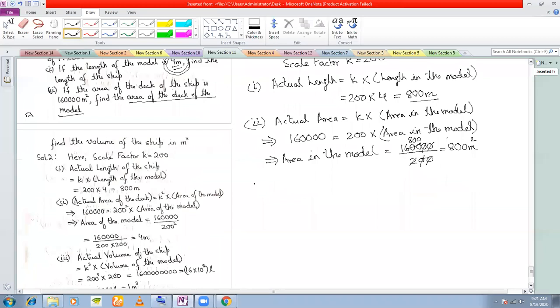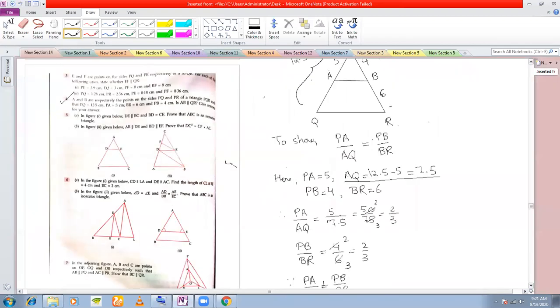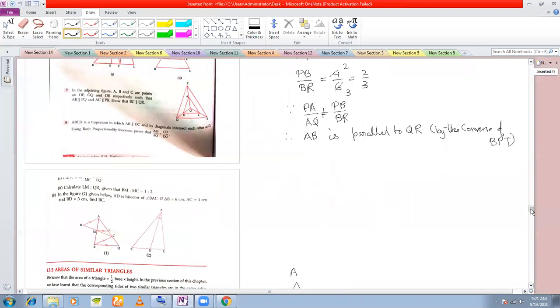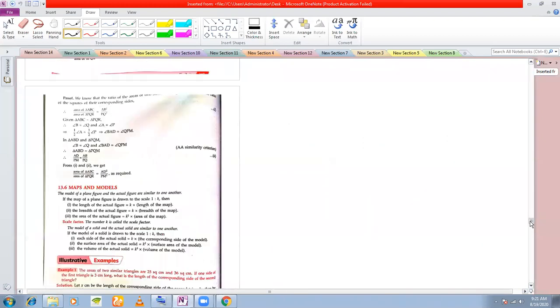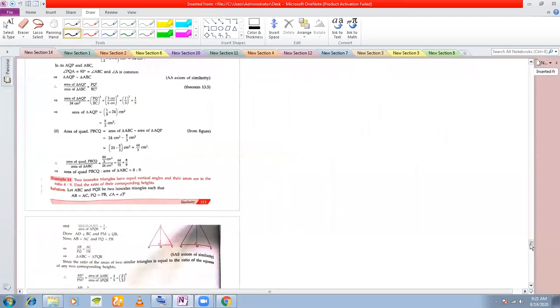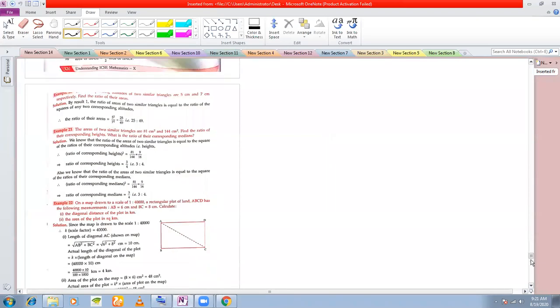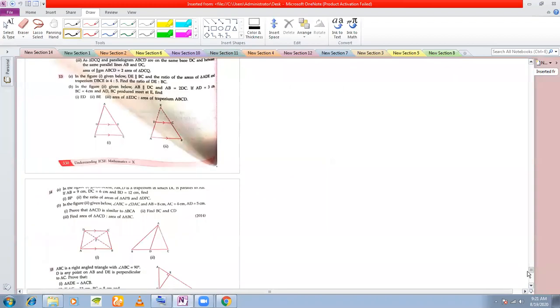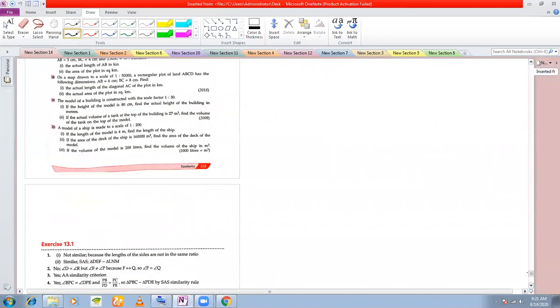Can someone tell me the third part, because my third part seems to be cut a little. If I may find it in the book. Can someone tell me, please? Sir, actual volume of the ship.